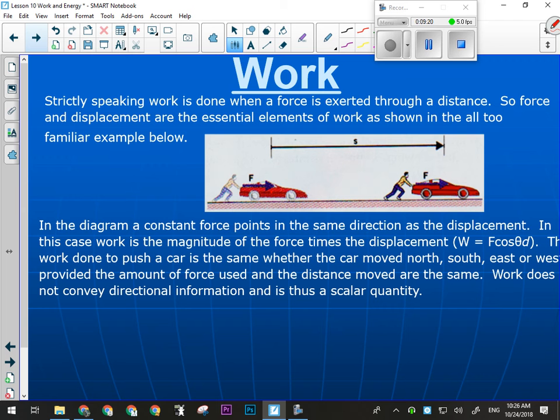It's not that work is a vector quantity, it's that the force and the displacement are, and that they have to be in the same direction. All right, so that's where this formula here comes from. And remember that work does not convey directional information and is thus a scalar quantity.